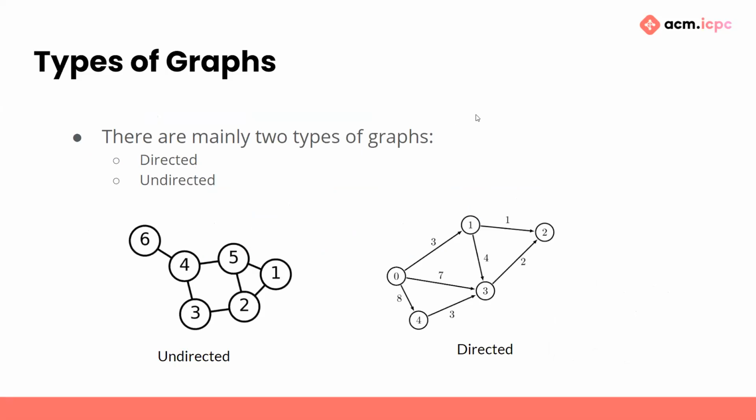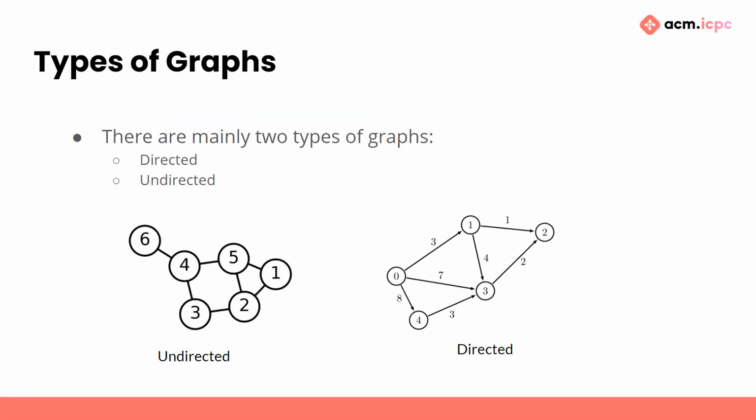After the definition of graphs, there are a few types of graphs, and we'll mainly be talking about undirected and directed graphs. As you can see in the pictures, the undirected graph is just a regular graph with nodes and edges, and the edges don't have a direction. On the other hand, in a directed graph the edges have a direction.